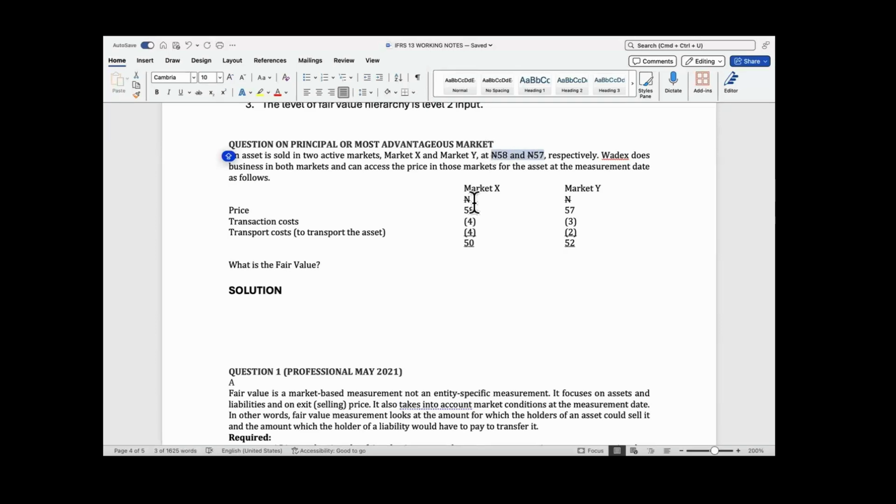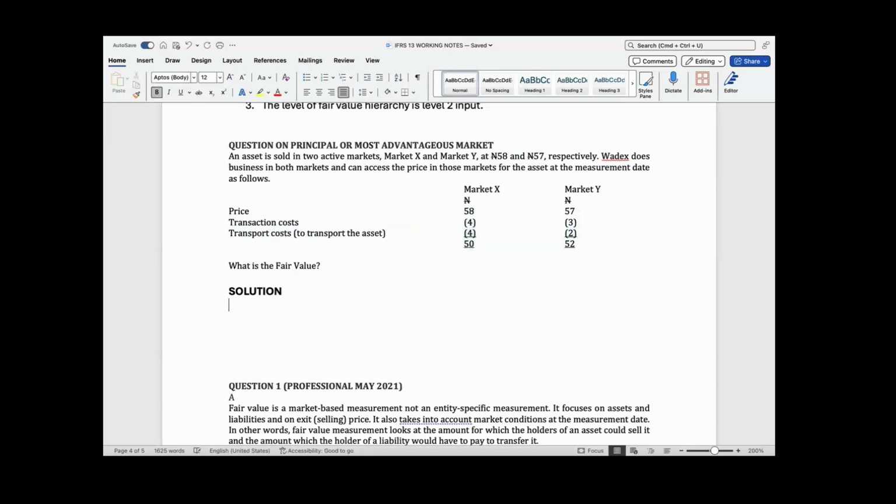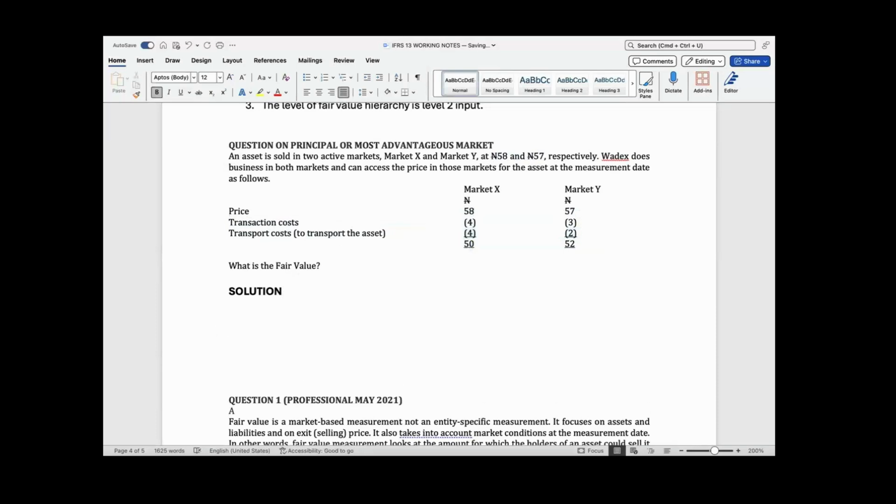So the selling price in market X is 58, in market Y is 57. The transaction costs in the two markets are this, and the transport cost to transport the asset to the market is this. They are asking us what's the fair value. So look at it, because I have not actually mentioned this to you before. Let's see if we can actually make sense out of this.